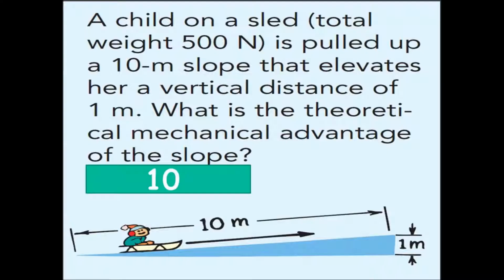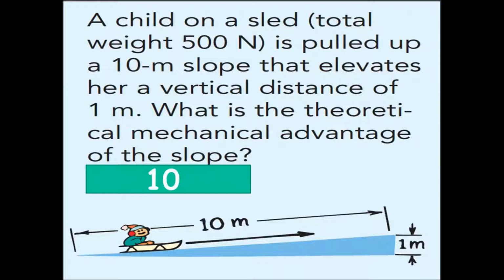Now, if I have a child on a sled, weight 500 newtons, pulled up a 10 meter slope that elevates her a vertical distance of 1 meter, what is the theoretical mechanical advantage? Well, I say theoretical mechanical advantage. That's out of the book. Theoretical mechanical advantage, as you can imagine, would be the ideal mechanical advantage.